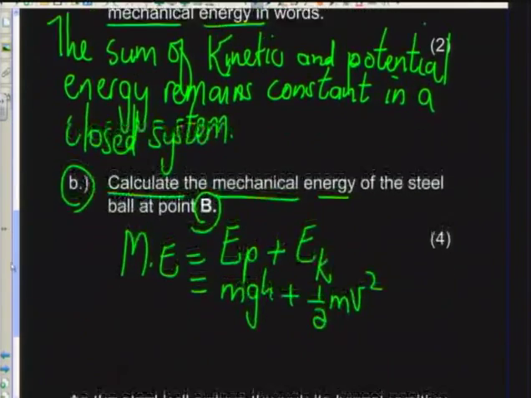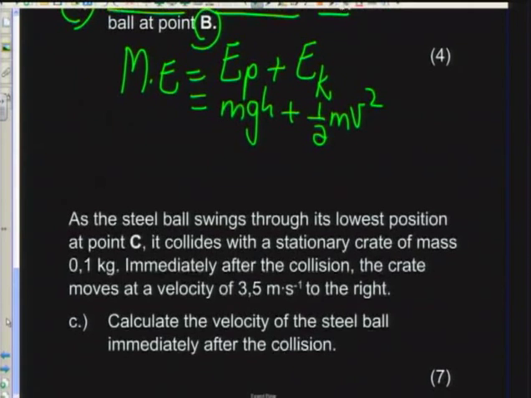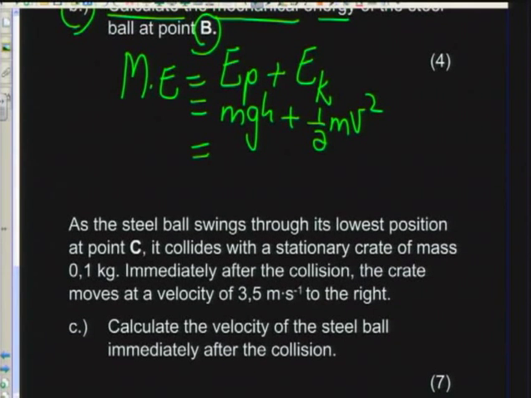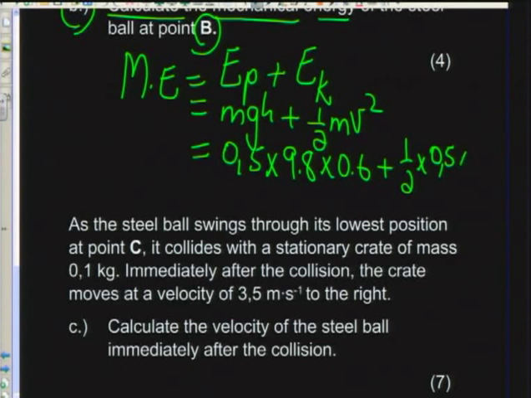So mass is 0.5 times g is 9.8, times 0.6 meters plus half times 0.5 times 3 meters per second squared.